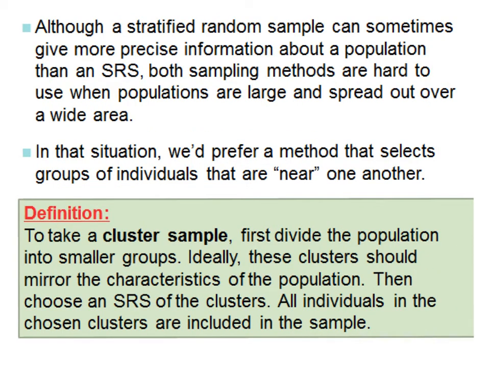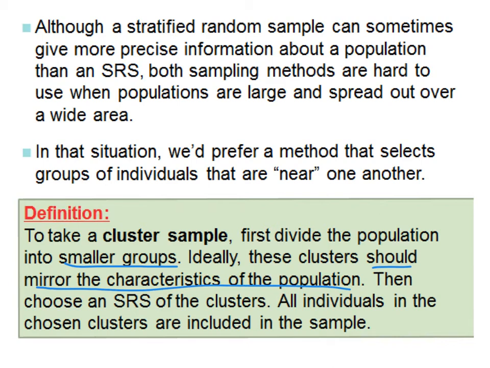A cluster sample is very different. You still divide it up into smaller groups, but these smaller groups are way different. Not only do they have no like characteristic, they're like little mini populations.